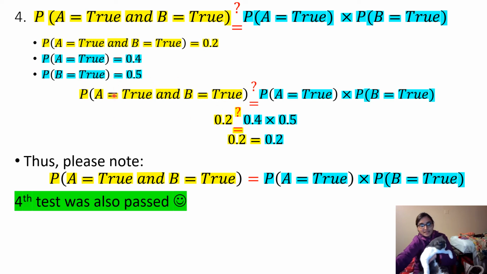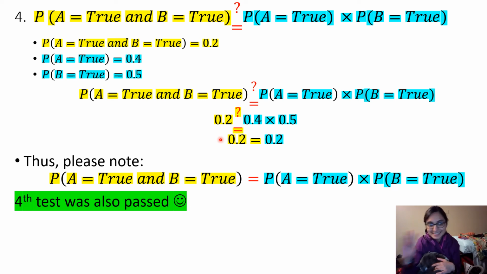So we take this 40% right here for the probability A is true, and the 50% for the probability B is true, multiply those out, and get 20%. 20% equals 20%. Thus, the probability A is true and B is true is equal to the probability that A is true multiplied by the probability that B is true. So this fourth test is also passed.